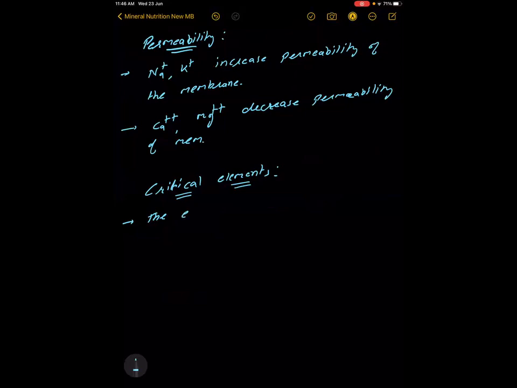The elements commonly deficient in the soil are considered as critical. Fine.